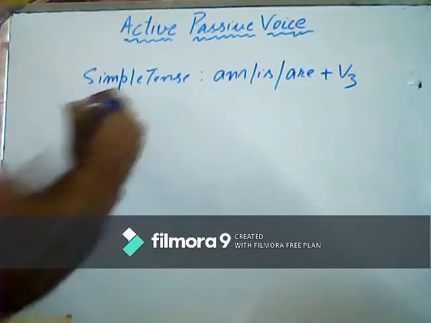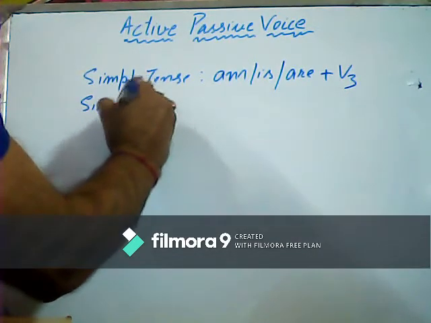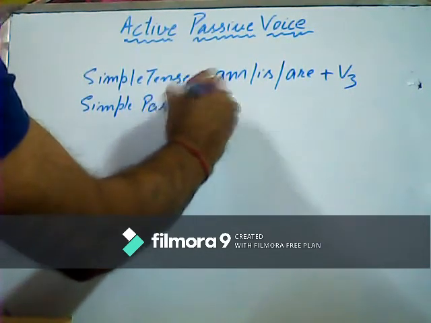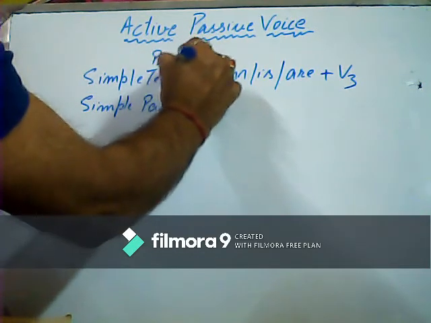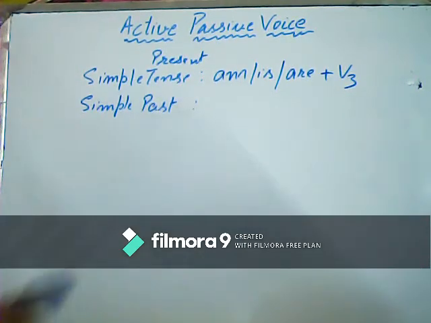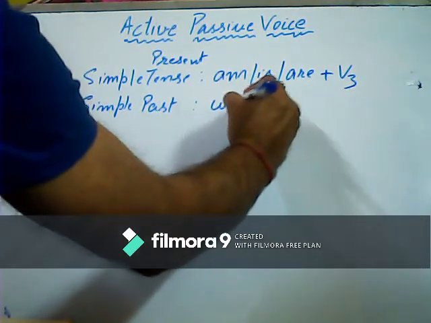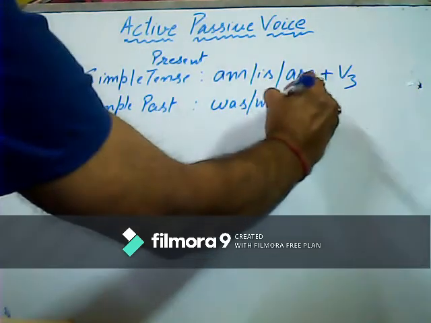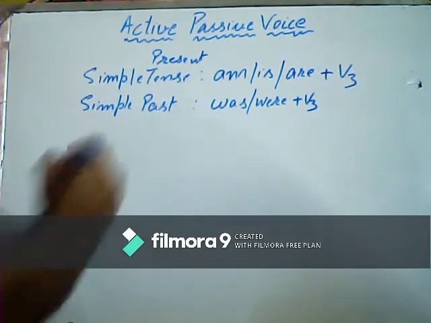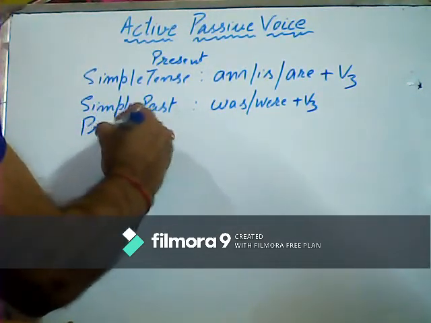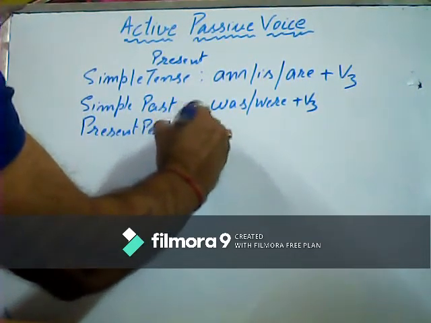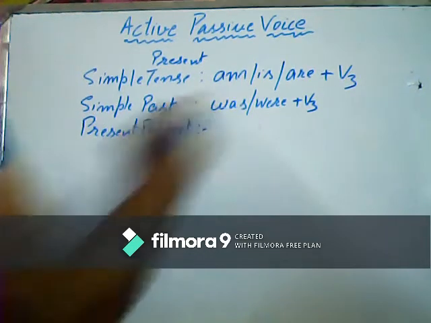For simple past, what will we do? We'll use was, were plus the third form of the verb. For present perfect sentences, what will we do?